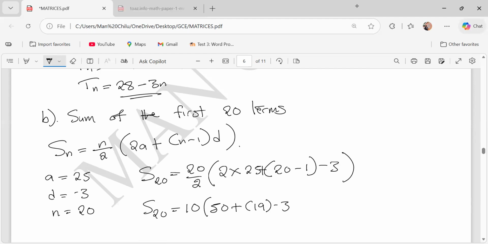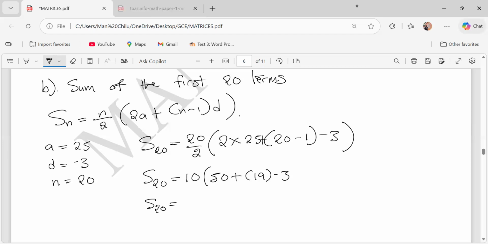Now we have to multiply 19 times negative 3, we get negative 57.